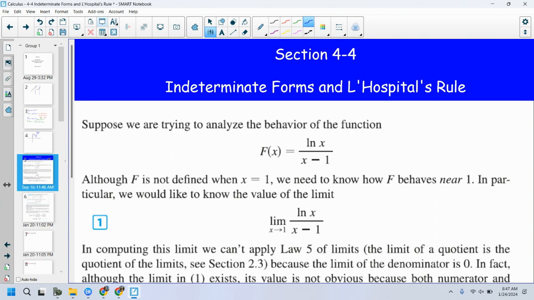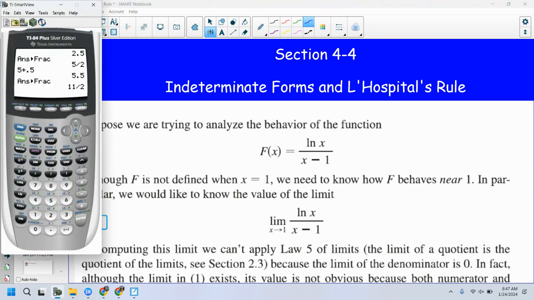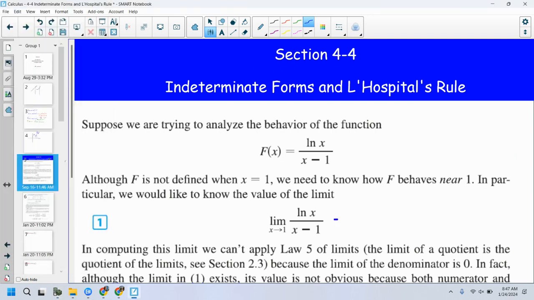Oh, it's also 0. Actually, if I plug in 1, I get this weird thing where it goes 0 over 0. So you would say, well, yeah, that's still undefined. Yes, it is undefined, but it's undefined in a unique way.